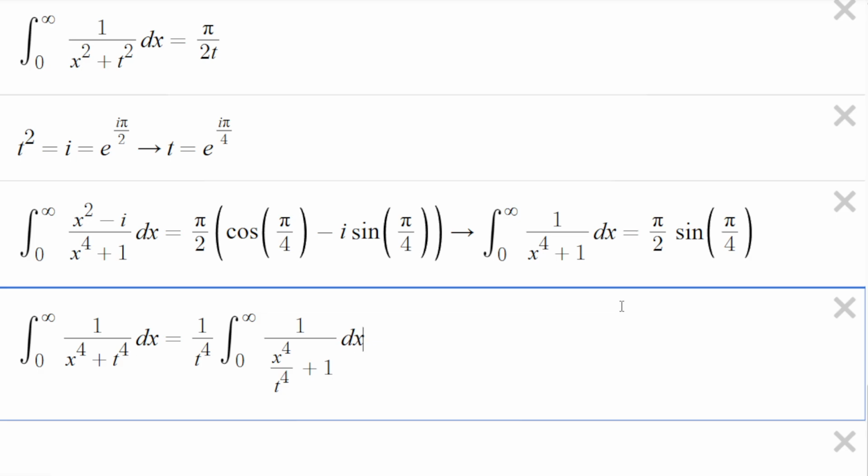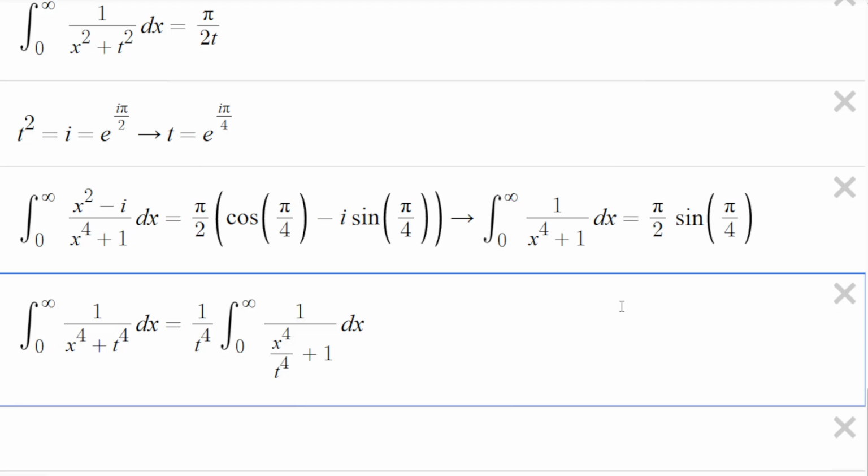And then, I'm not going to show the substitution, but let's just bring x to x over t, or x to tx. And what we would get is 1 over t to the fourth times the integral from 0 to infinity of 1 over x to the fourth plus 1 times our new differential, which is t dx.